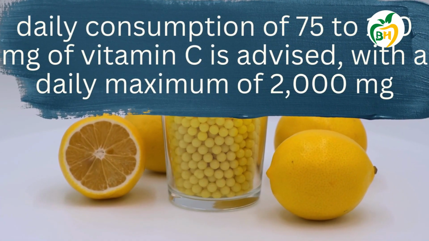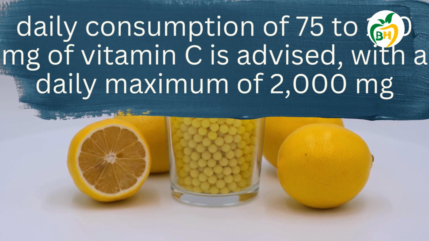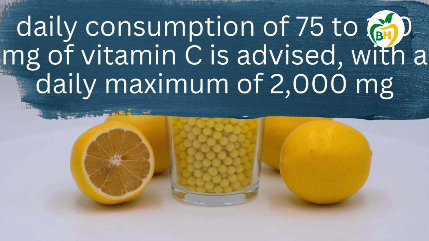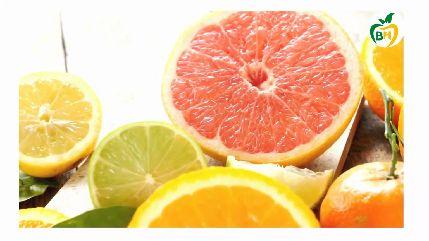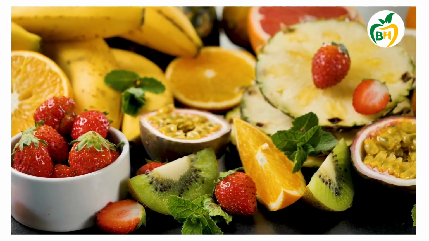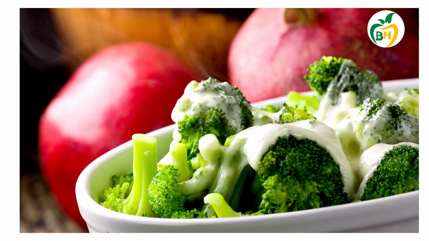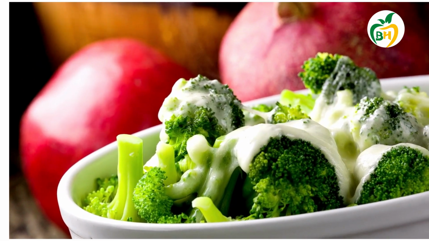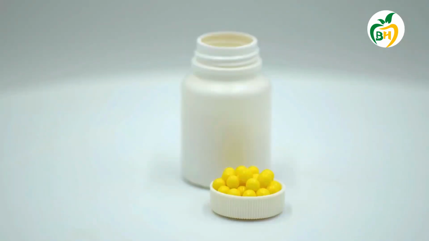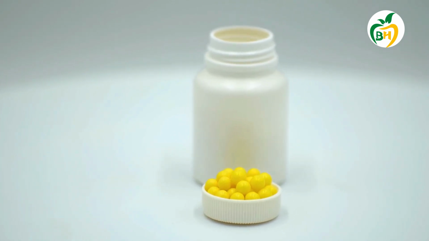For the majority of adults, a daily consumption of 75 to 120 milligrams of vitamin C is advised, with a daily maximum of 2,000 milligrams. By consuming more fruits and vegetables, such as oranges, grapefruit, kiwi, strawberries, cantaloupe, red and green peppers, broccoli, and tomatoes, you can increase your intake of vitamin C in your diet. There are also over-the-counter vitamin C supplements available.